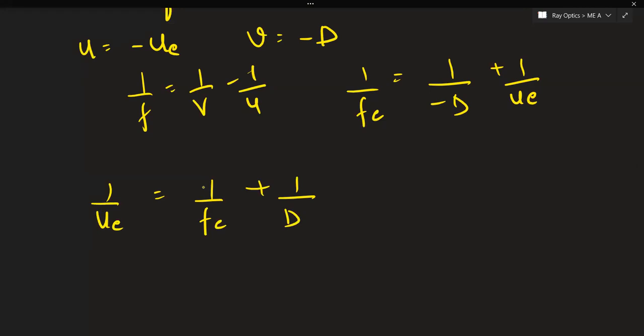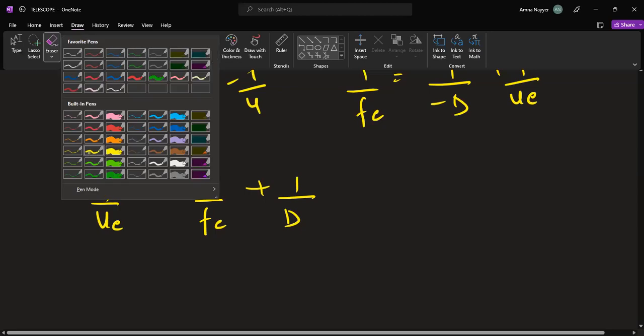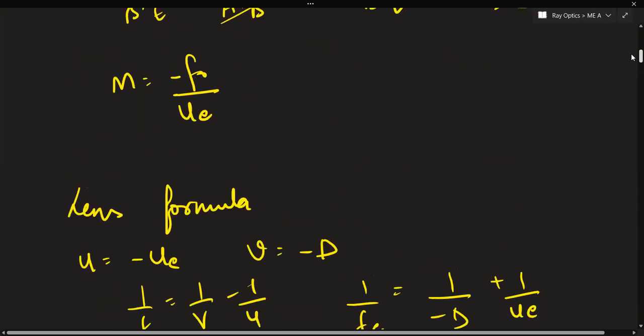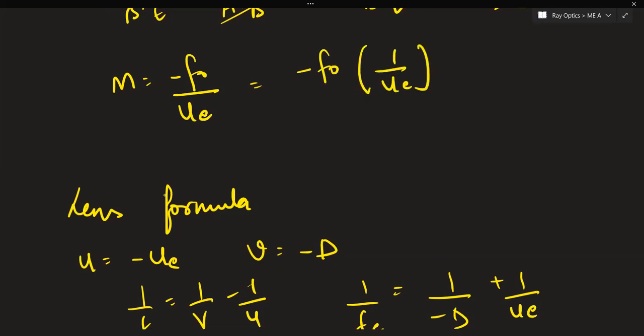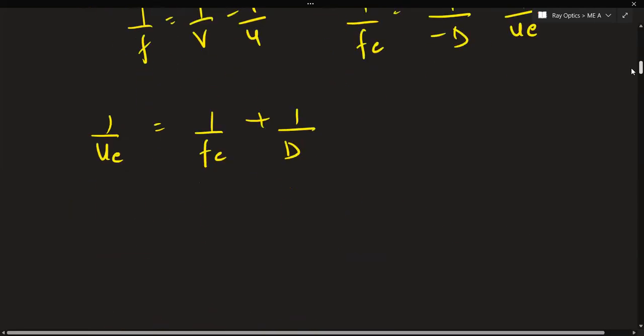Now from here, M is equal to, not magnification. Firstly, let us take capital D common. Or let us not take capital D common. We'll find it at the end. Now see the formula that we had obtained: minus F naught by UE. Can I write it as minus F naught multiplied by 1 by UE? Same thing. Now 1 by UE is exactly this.